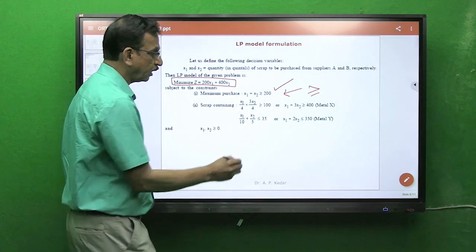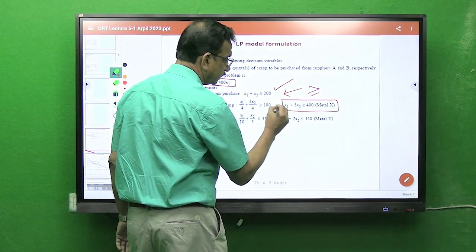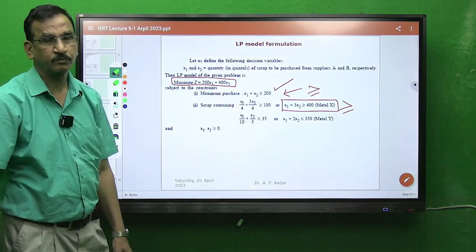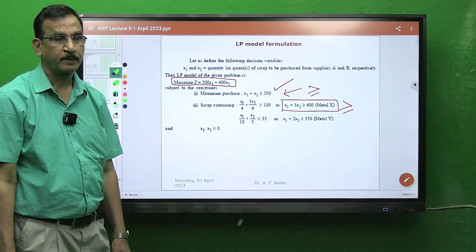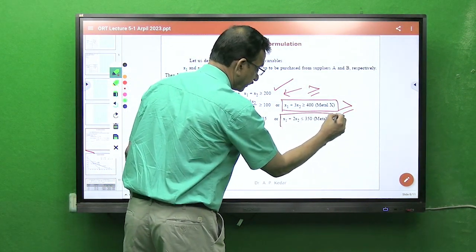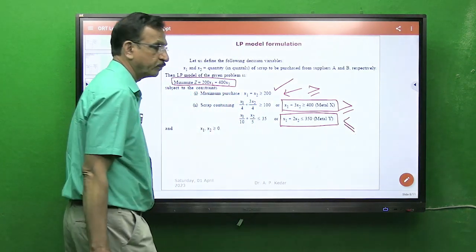Converting into appropriate form, you get this equation where again it is greater than equal to form. And the third constraint is in less than equal to form.